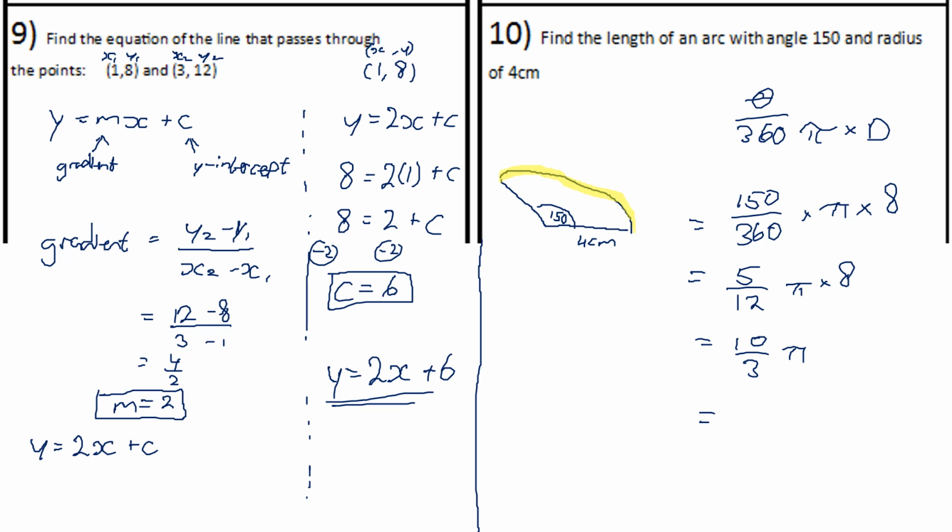Enter that in your calculator, which would give you 10.47 to 2 decimal places.